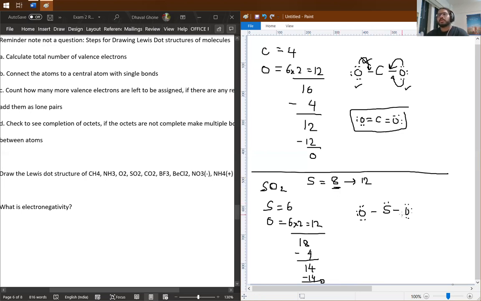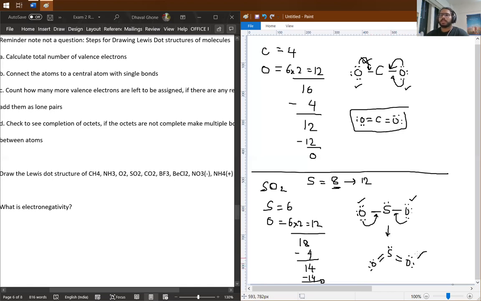Okay, so oxygen has a complete octet. This oxygen has a complete octet. Sulfur only has 1, 2, 3, 4, 5, 6. For the sake of symmetry in the atom, both these oxygens provide it with lone pairs as shared, and the structure looks like this for sulfur: 1, 2, 3, 4, 1, 2, 3, 4, and then 1, 2.